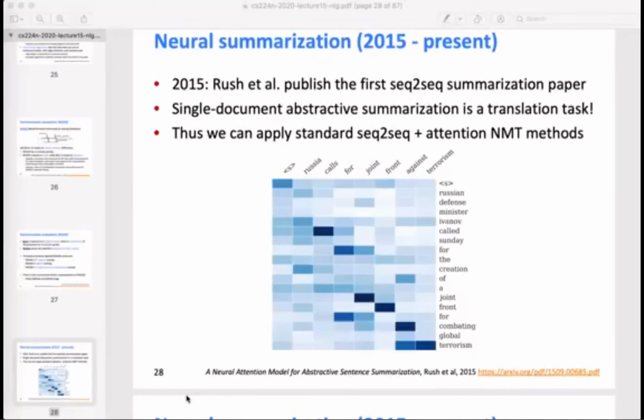They did the experiment on the Gigaword dataset, so it's really intuitive to understand because, as I mentioned before, the Gigaword dataset contains a lot of data, where each data point is the first one or two sentences of a document, right? And then you want to compress these one or two sentences into a headline.